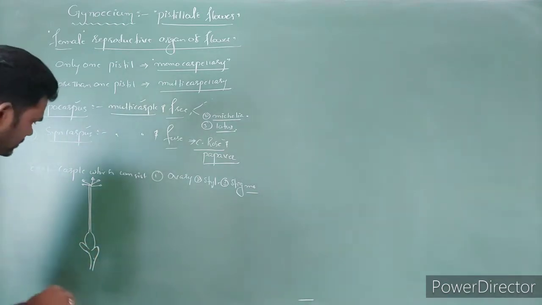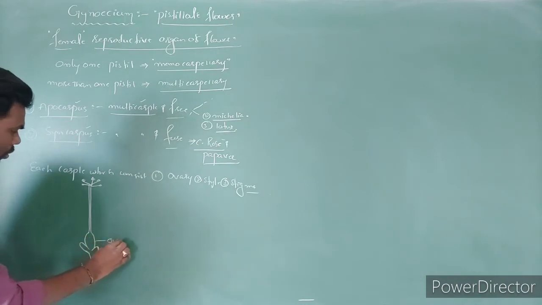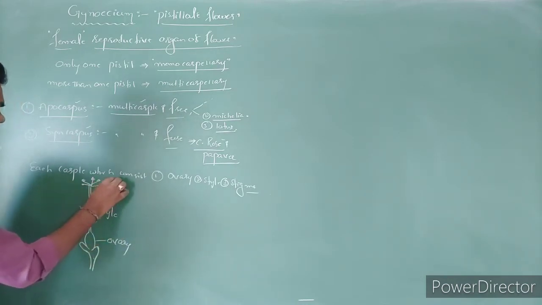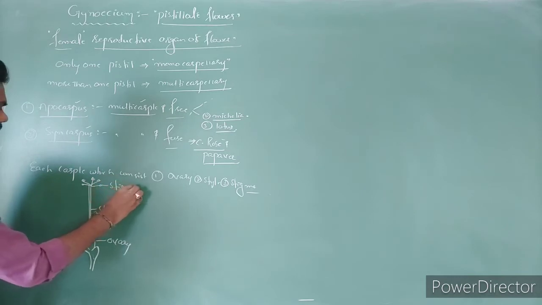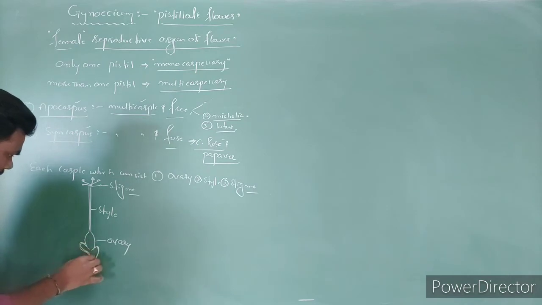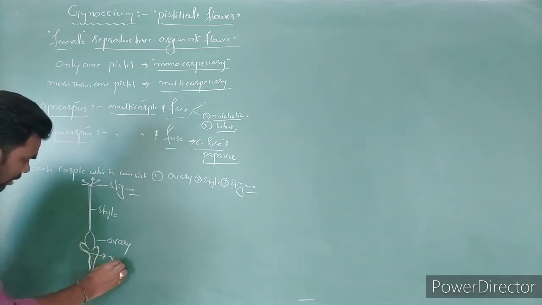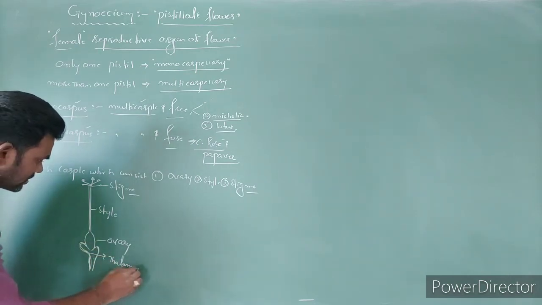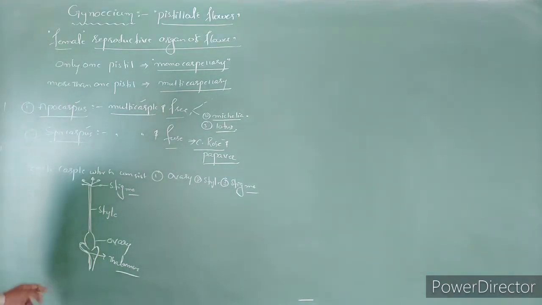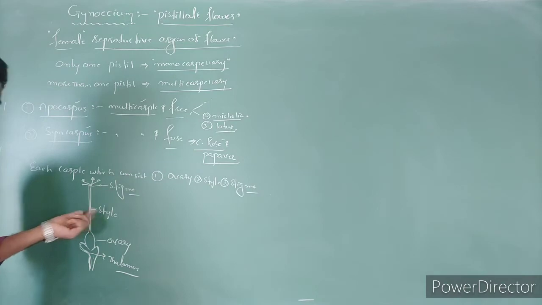This is actually what? Ovary, and it is style, and it is stigma. And the ovary, you can see, is arranged on the thalamus. This is the thalamus. So this is actually the Hibiscus rosa-sinensis gynoecium diagram.